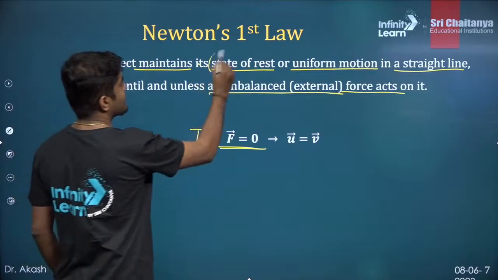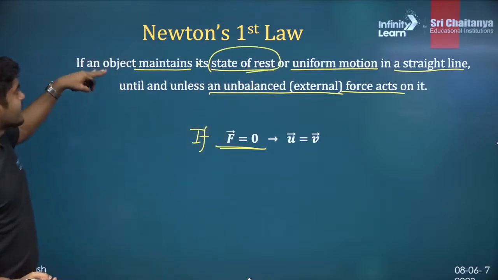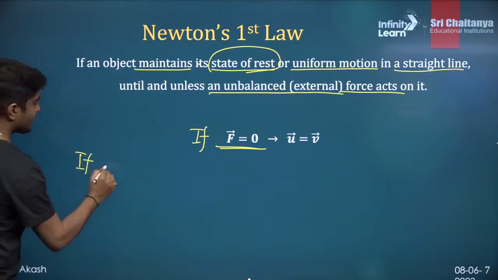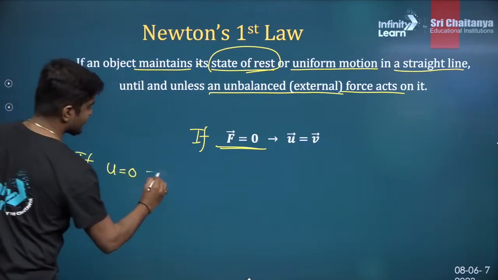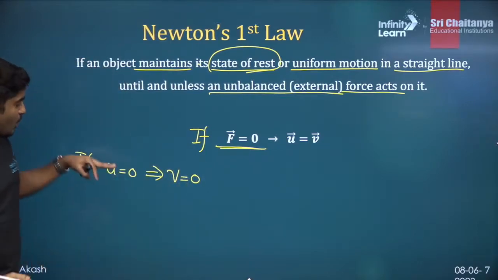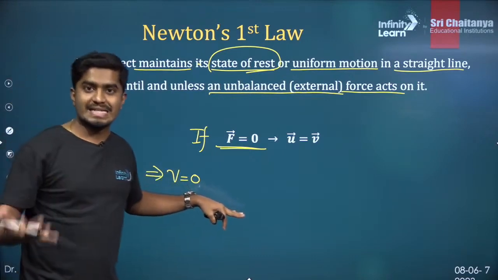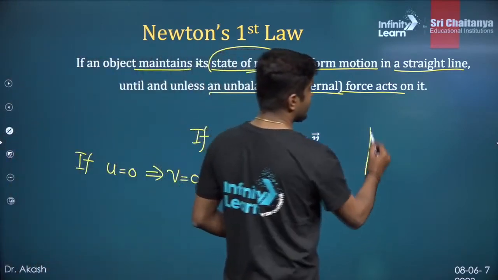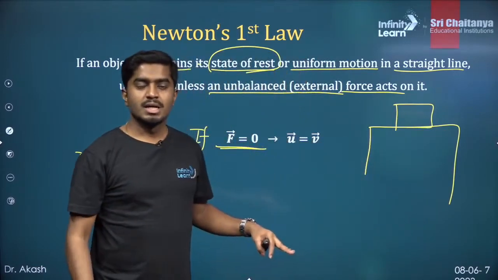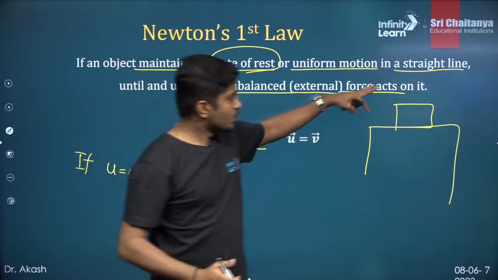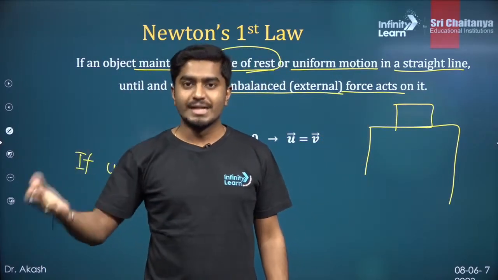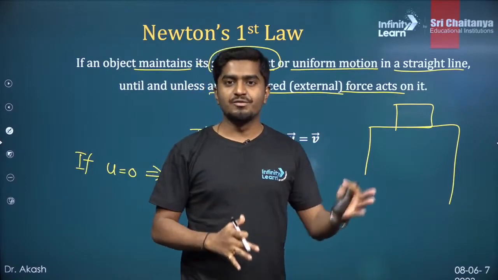State of rest: an object maintains its state of rest. If an object is initially at rest, then it will continue to be at rest. For example, suppose there is a table with a book on it in your house, and you place the book and go somewhere for a vacation, and you come back after 1 week.